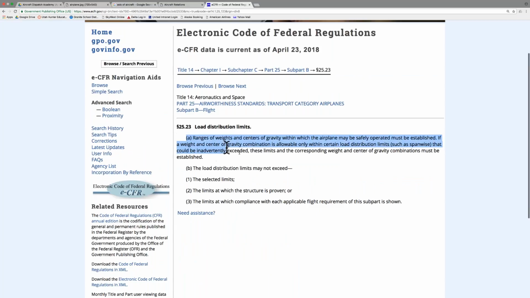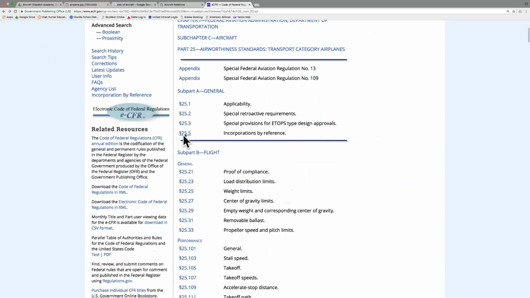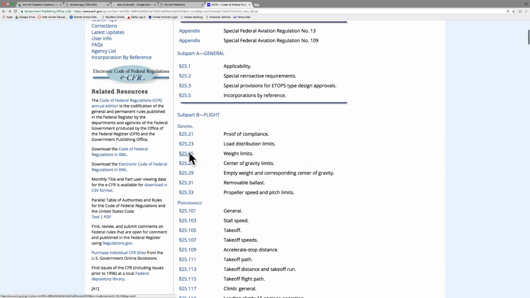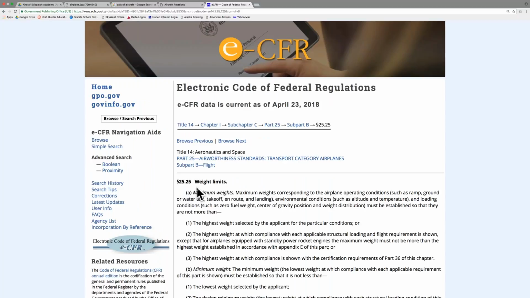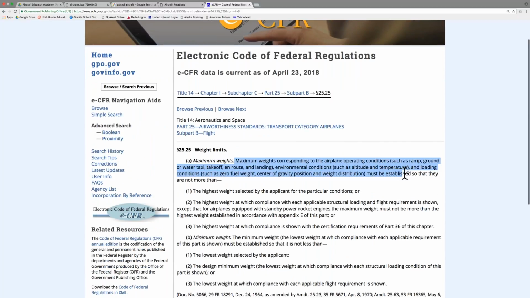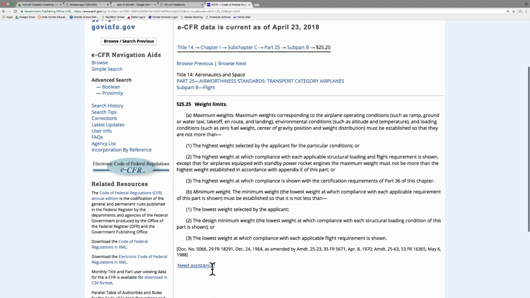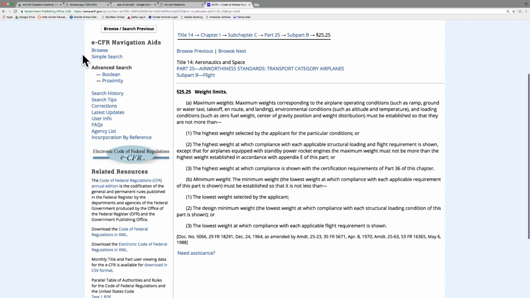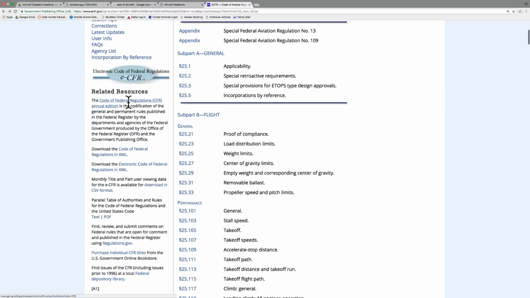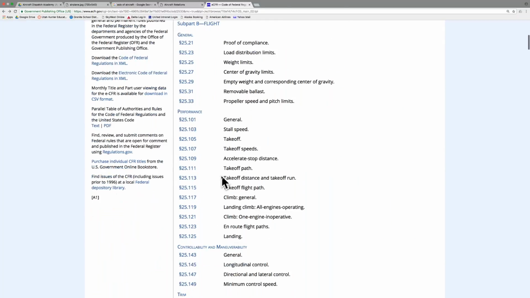And you can come in here and read information about these different limits for the aircraft. So this tells you how they determine the maximum weights, the minimum weights, and things of that nature. So that's about all we're going to really go over with FAR 25.